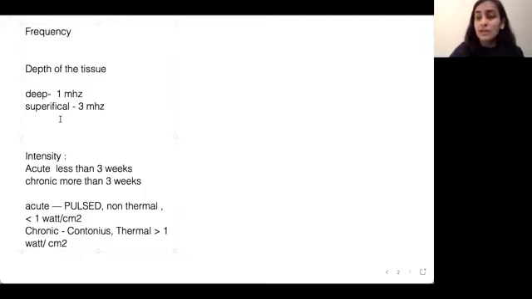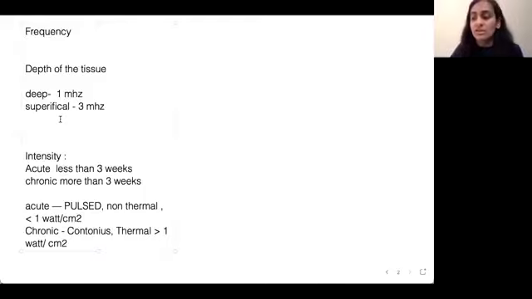If the condition is acute, it will be pulsed, non-thermal ultrasound with an intensity less than 1 watt per centimeter square. If it is chronic, then it's going to be continuous, thermal, greater than 1 watt per centimeter square. Clear, everyone? Parameters, frequency, intensity. Duration of ultrasound is going to be somewhere between 6 to 8 minutes.